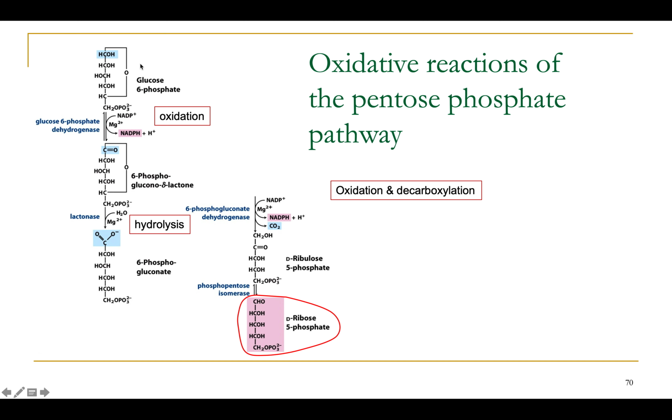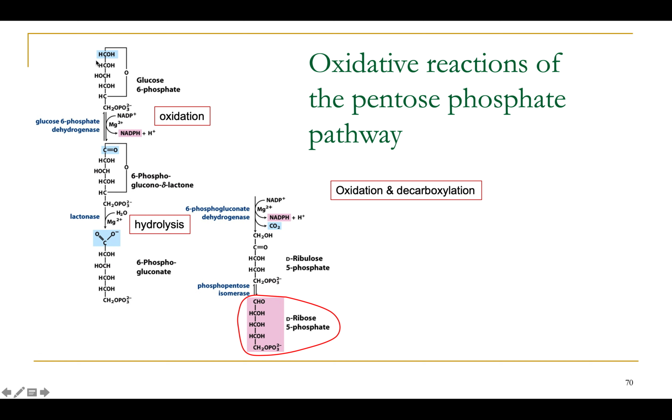But let's start with the oxidative phase. The oxidative phase consists of several reactions again, and two of them are oxidations. In the first oxidation step, the enzyme called glucose 6-phosphate dehydrogenase uses NADP+ as a cofactor to remove the electrons and convert the circular form of glucose 6-phosphate into an intramolecular ester.